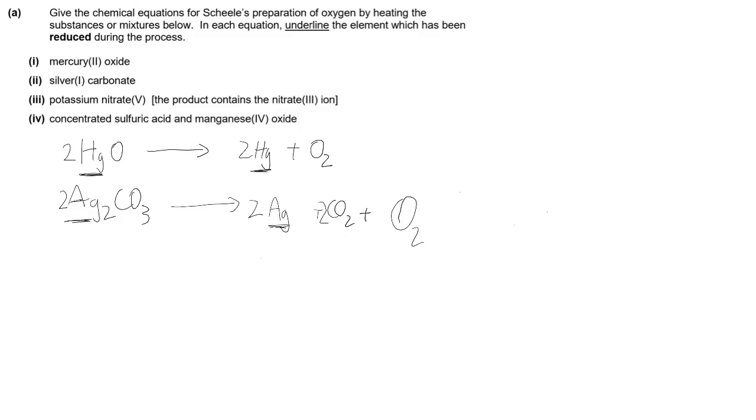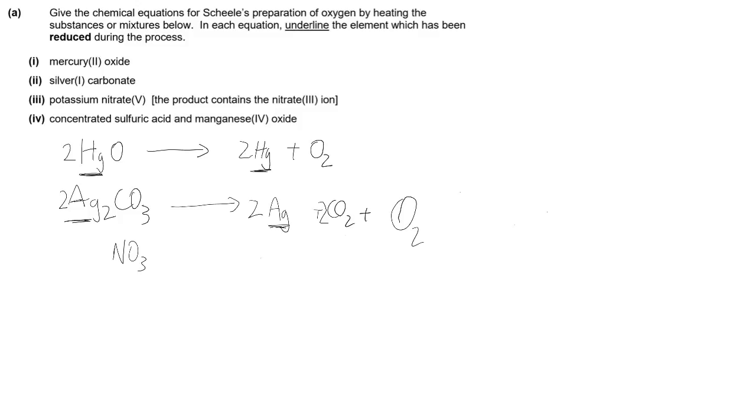So in this case, nitrogen goes from having an oxidation state of +5 to having an oxidation state of +3, which really answers the part about which element is reduced. And a nitrate(V) ion has a formula of NO3-. That works out because 3 times -2 for the oxygen gives us -6, plus 5 gives us -1, which is the charge on the NO3- ion.